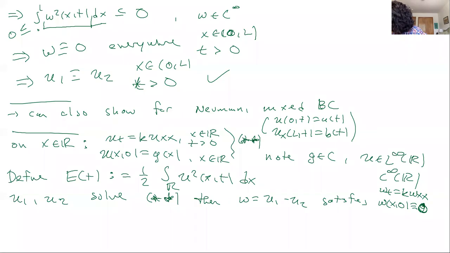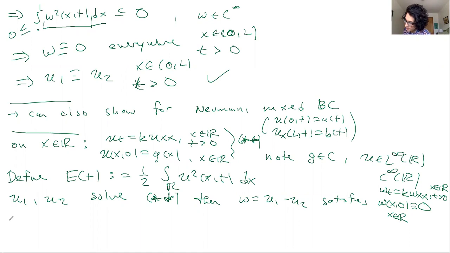For the same reasons as before, you can work this out. This is for x in R and t greater than 0. So just our standard heat equation with a 0 initial condition.